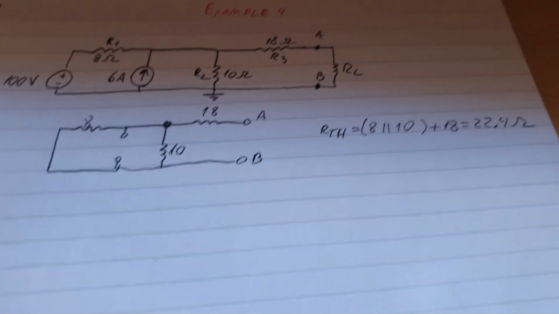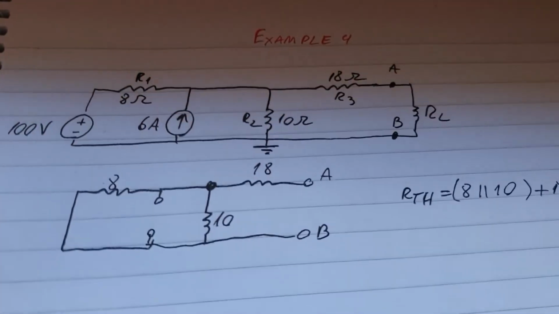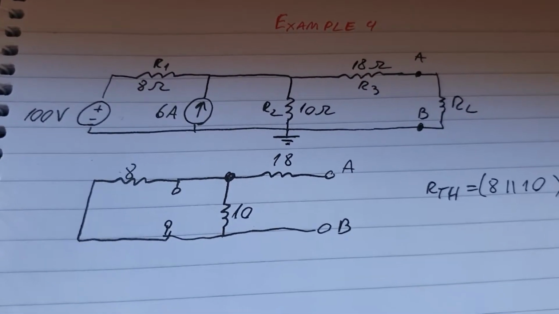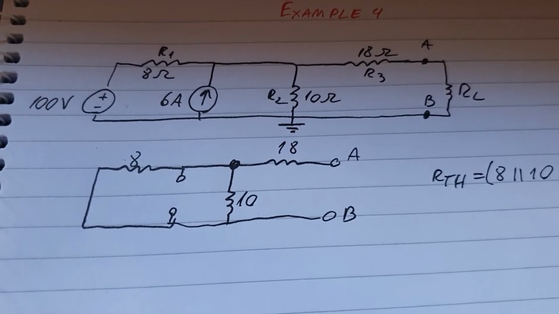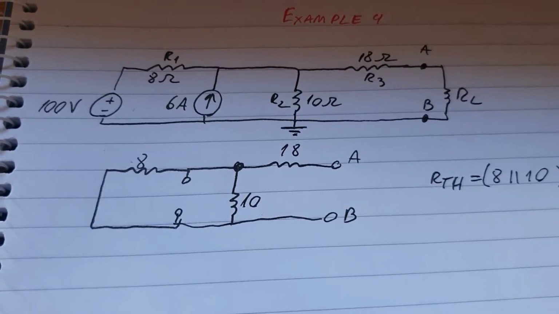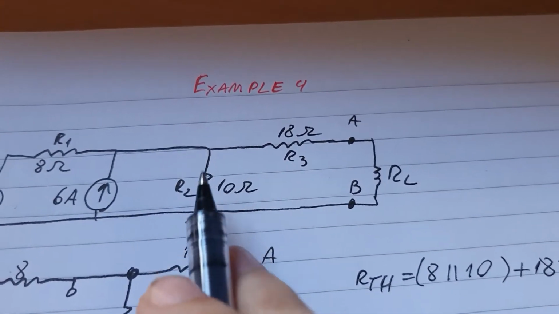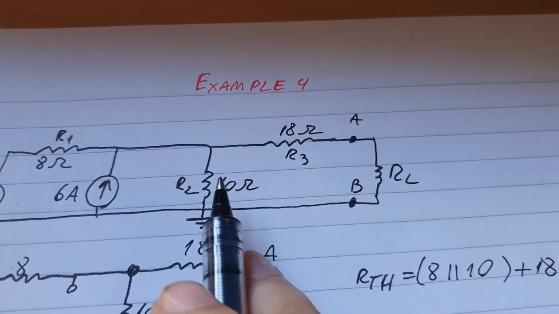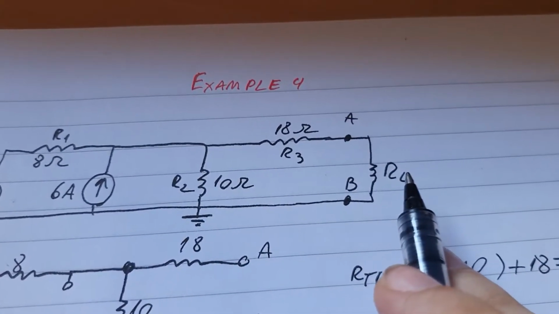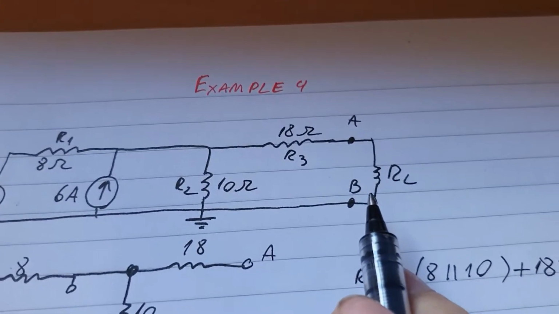Anyway, now let's go to the next one, which will be to find VTH. And a way to find VTH is to apply Kirchhoff's current law. So we know this one here is in parallel with the resistance in here.